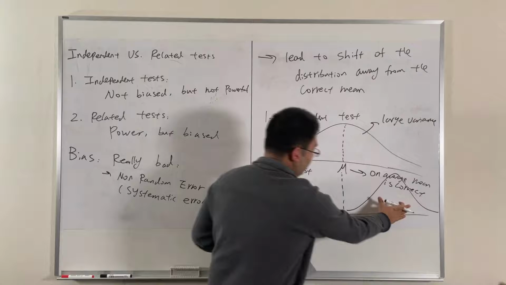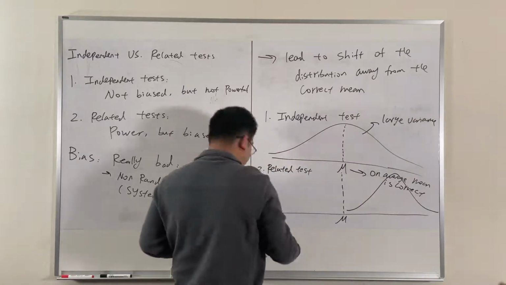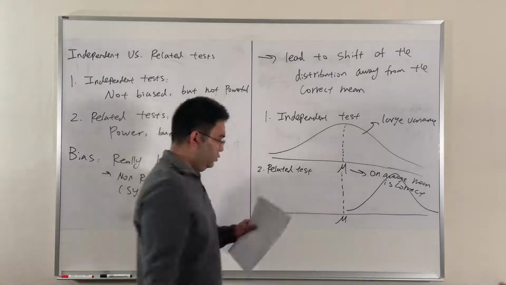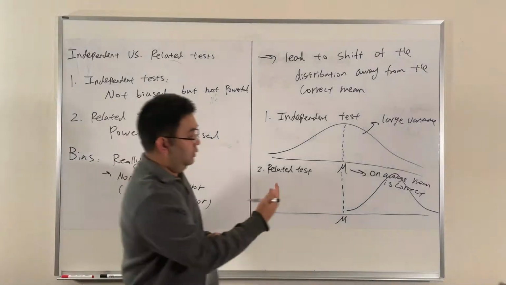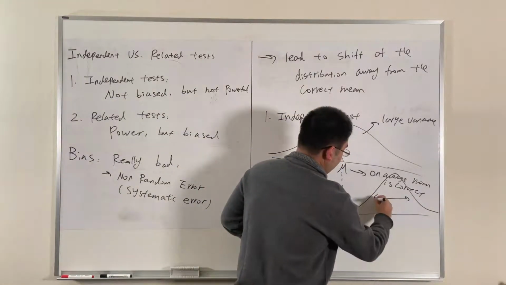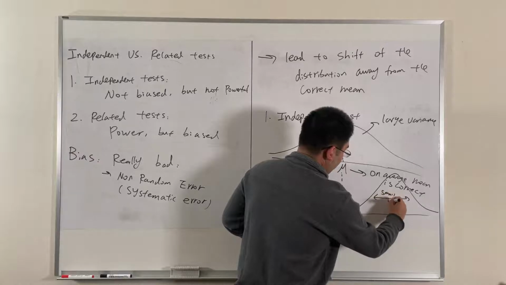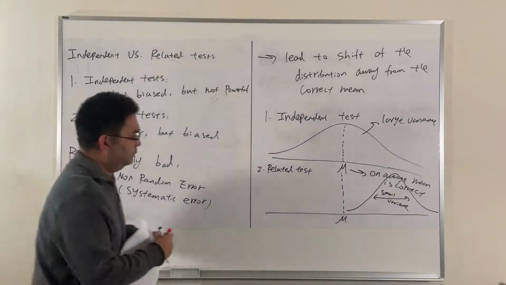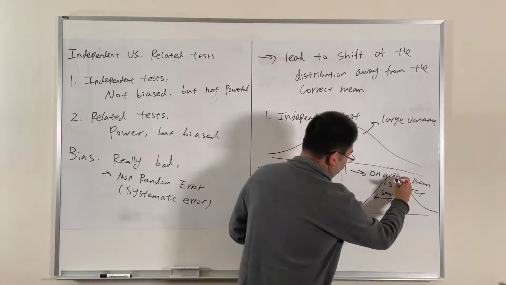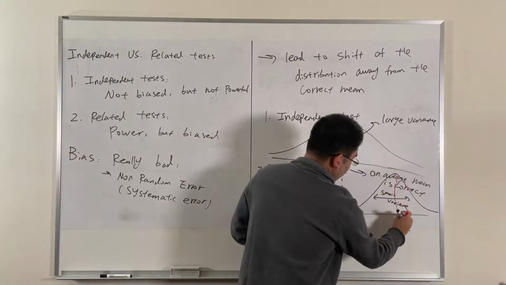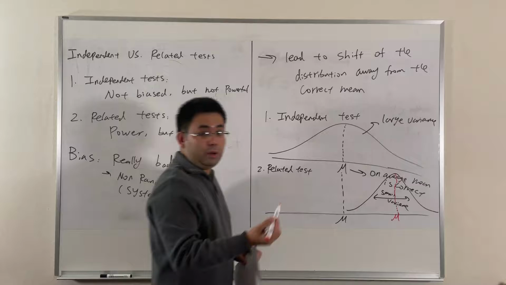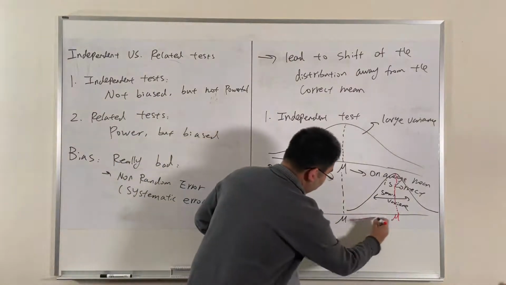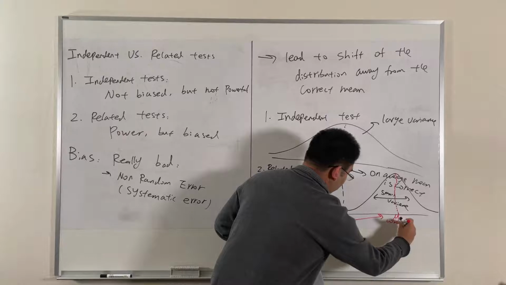As you see, the data points are closer to each other, which means that you have a small variance. But then, let me use a red pen, if you see the mean for this distribution, it's incorrect, right? Because if this is the correct one, we have to shift it. So this is the wrong mean.